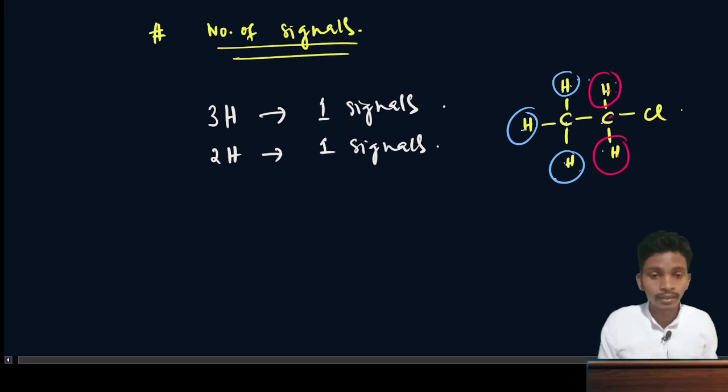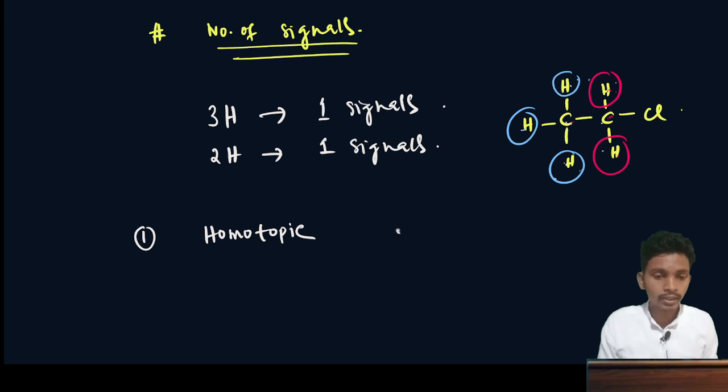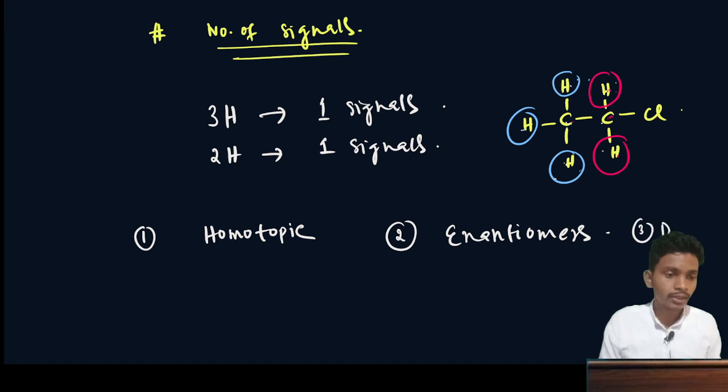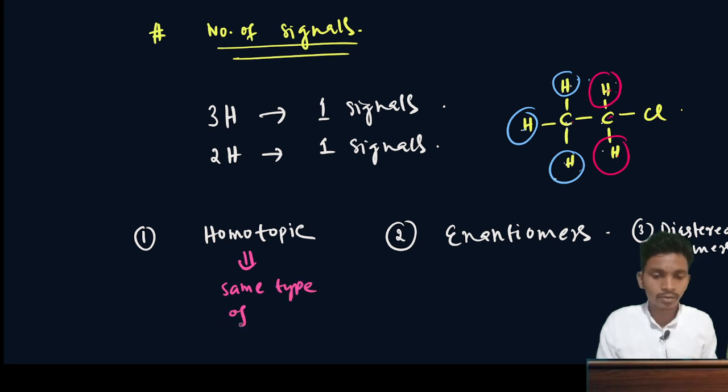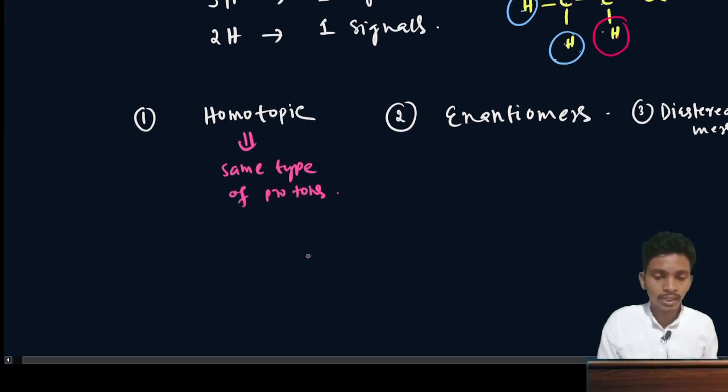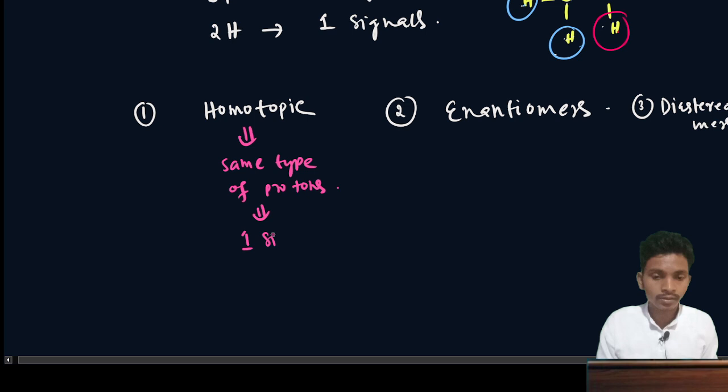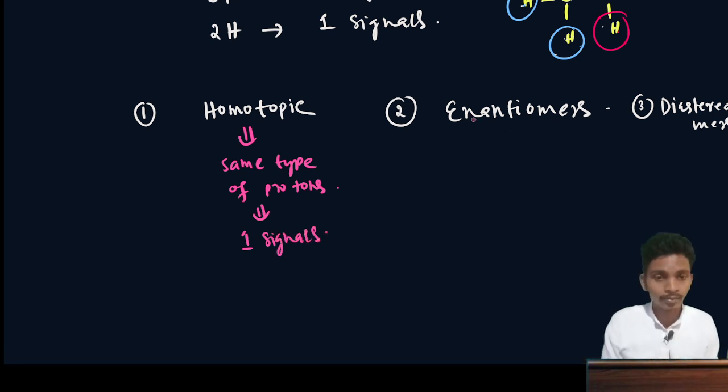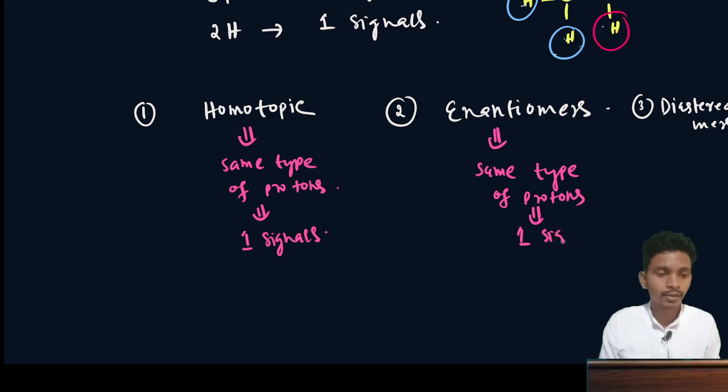So we have three terms. The first term is homotopic, another is enantiotopic, and the third one is diastereotopic. Homotopic means the same type of protons, and the same type of protons give one signal. Enantiotopic protons are also the same type of protons, so they also give one signal.